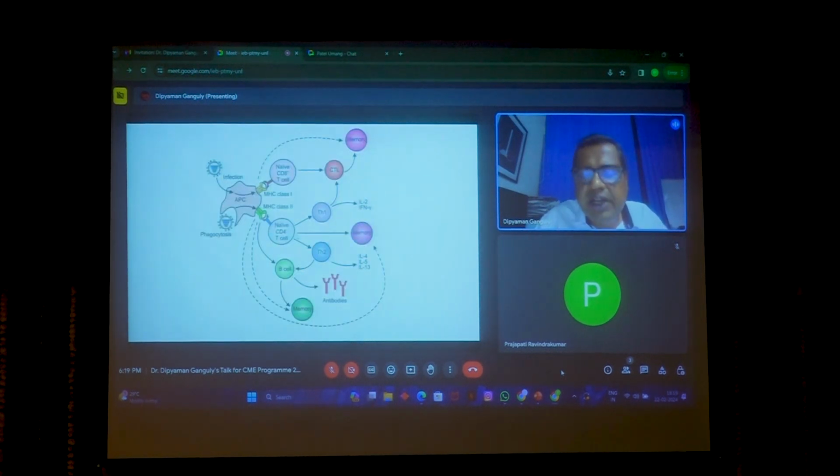Now, if you just take an overall view, this is your antigen presenting cell, and dendritic cells are the most important antigen presenting cells. I already described them, and they are talking to different lymphocytes.